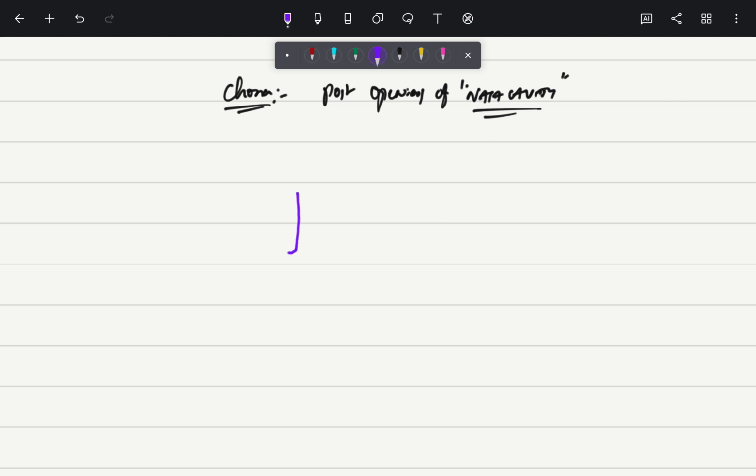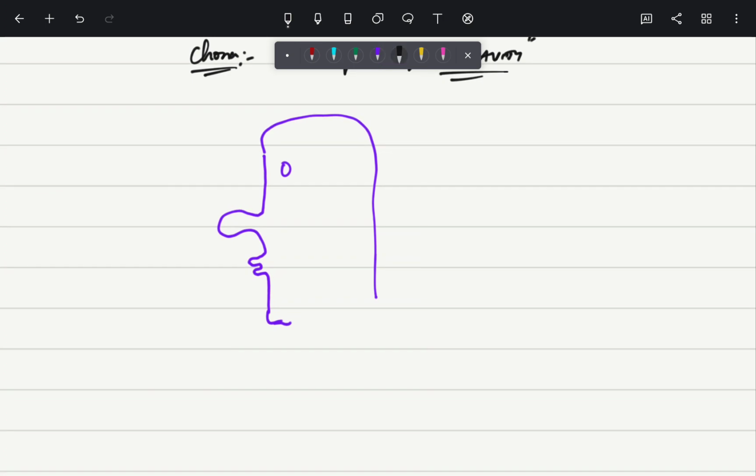So suppose this is the face of the patient, these are the lips, and this is the chin, and these are the eyes of the patient. Usually this nasal cavity opens into your posterior pharynx.